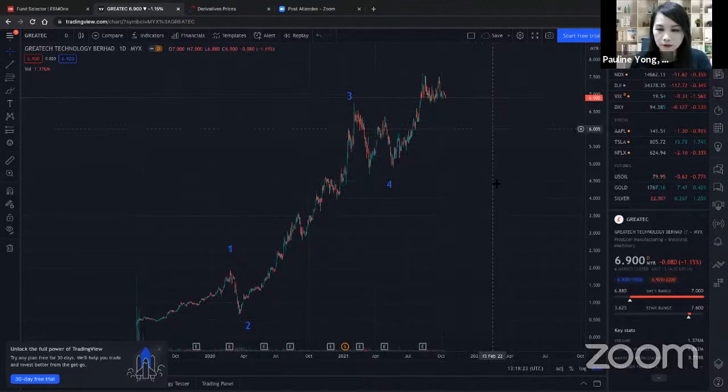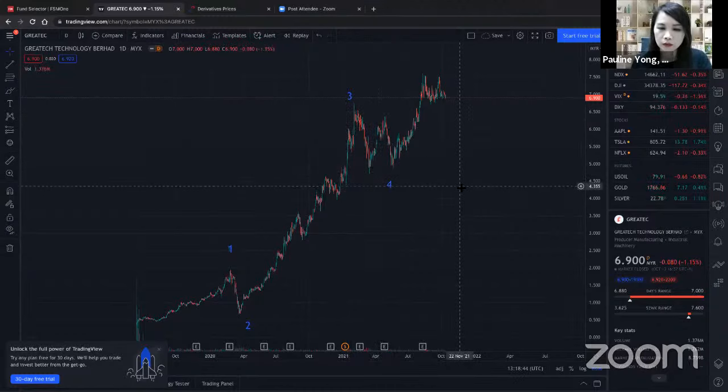Then this wave number C actually passed that wave number 4 here. So that means you are forming a double top, whereby it closed below here.